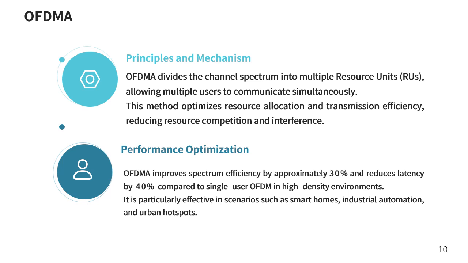This allows multiple users to transmit or receive data simultaneously on the same channel. It also makes it far more efficient in high-density scenarios, such as smart homes, industrial automation, and public hotspots. And for the performance optimization, compared to OFDM, OFDMA achieves approximately 30% higher spectral efficiency and also about 40% lower latency in high-density settings.